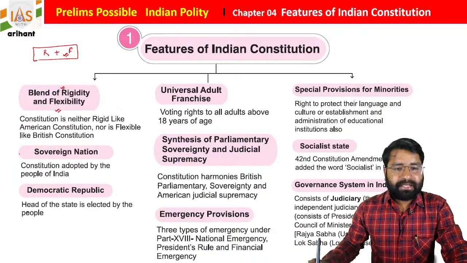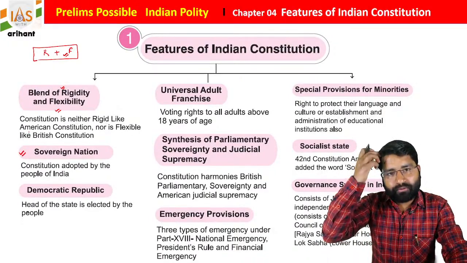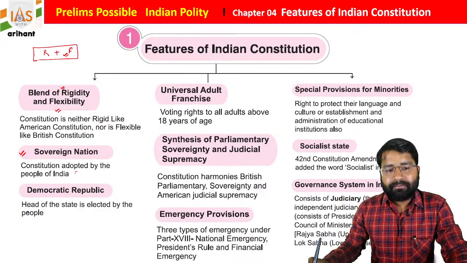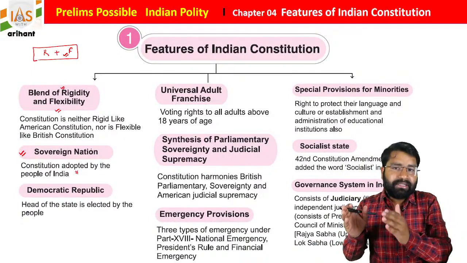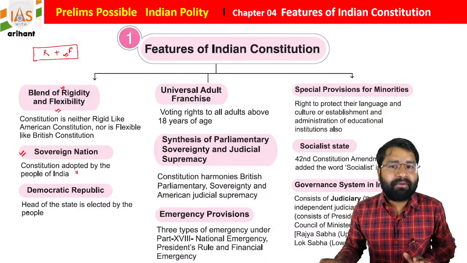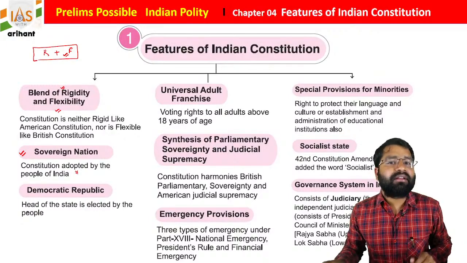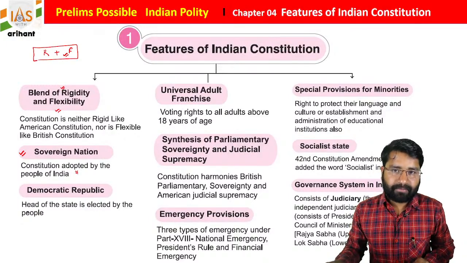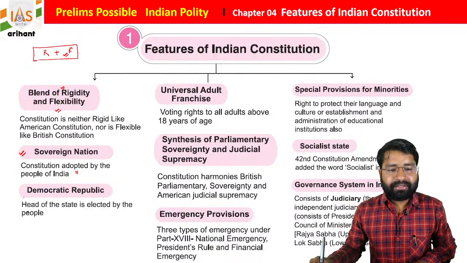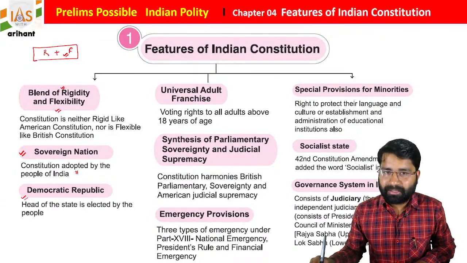Then our country is a sovereign nation, students. Sovereign basically means our country is independent. No external power or force can interfere in our internal matters, till we don't want. Our country is democratic and a republic by the constitution.